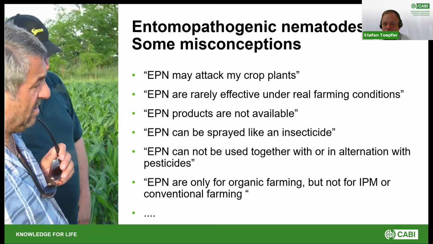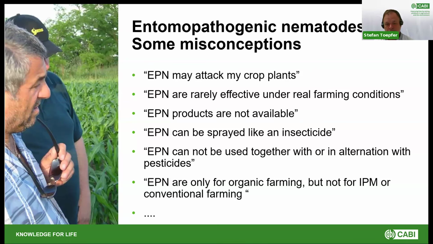But there are some misconceptions and misunderstandings, and I will list here a few without giving the answer because we will try to give you the answer during this webinar. Some people may state EPN may attack my crop plants. We have already answered this actually, they will not. EPN are rarely effective under real farming conditions. EPN products are not available.